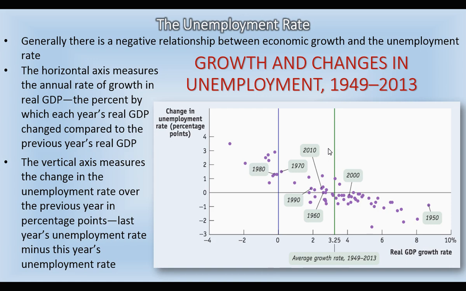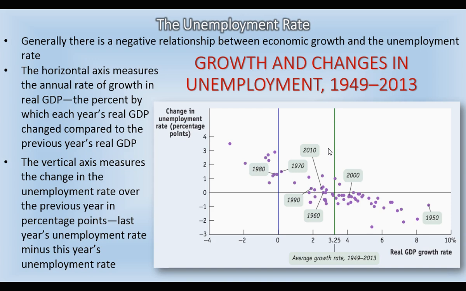So here we have different data points from different time periods. And we see that if the change in unemployment rate is high, we're going to have a low change in real GDP, but at periods where the unemployment rate change is low, we'll have high rates of change of real GDP.